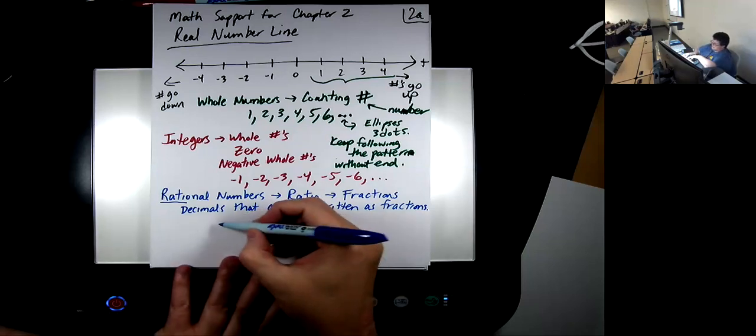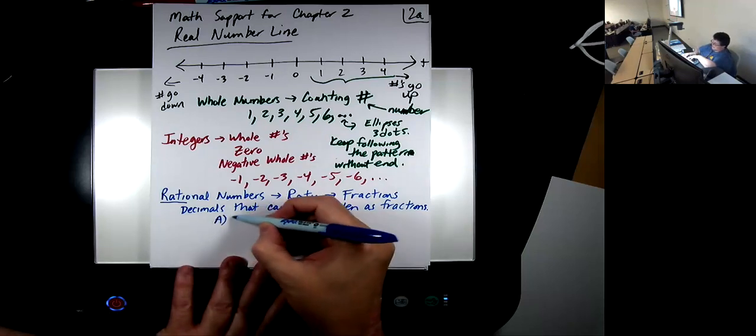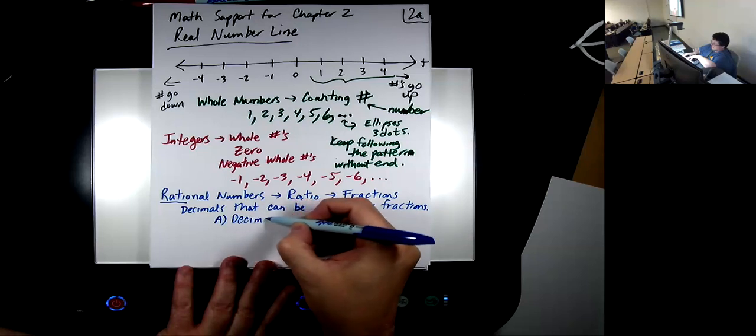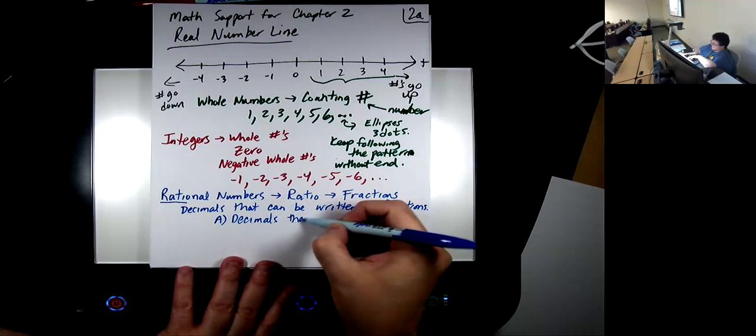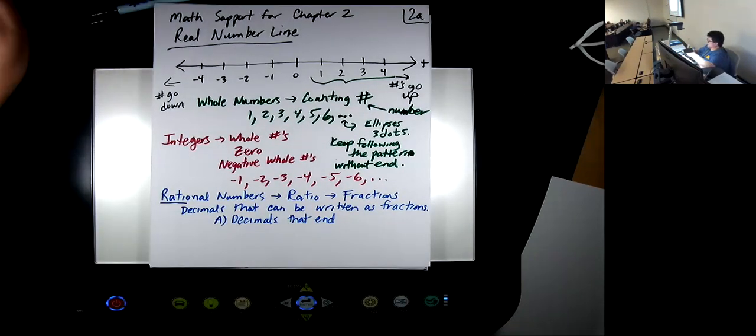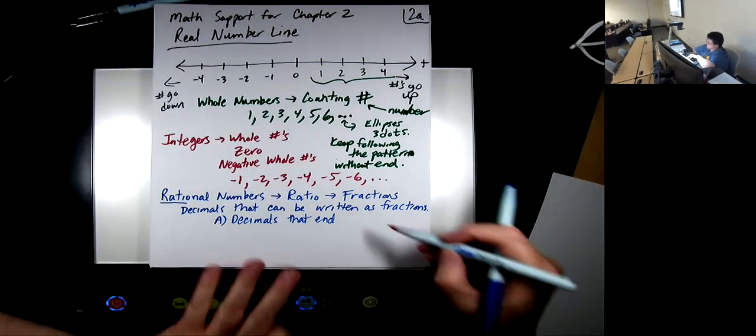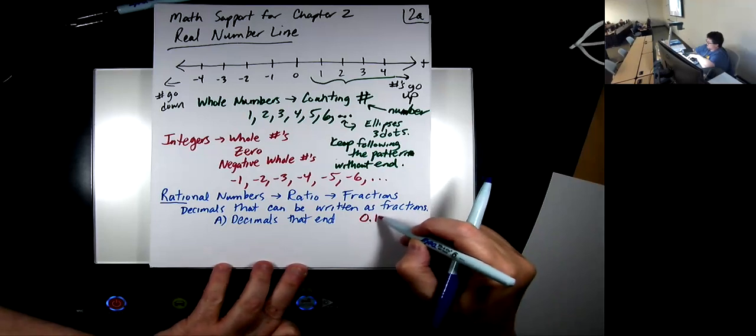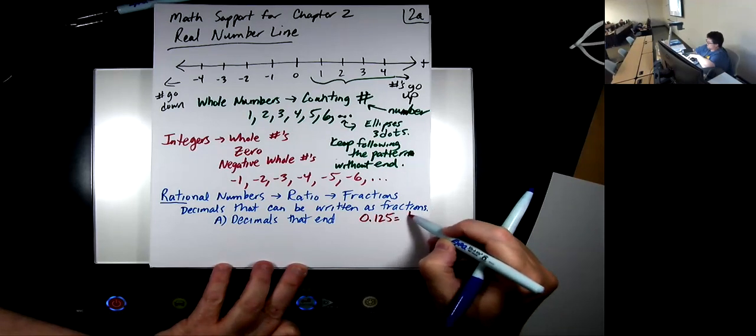These include decimals that end. For example, something like 0.125 is the same thing as 1/8.